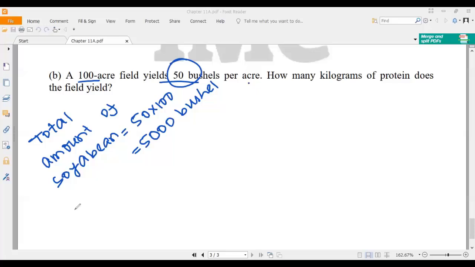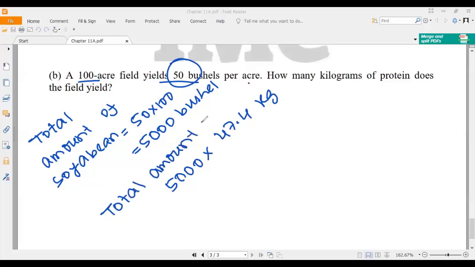So if we can find 47.4 kg of protein from 1 bushel, then we can find the total amount of protein from 5,000 bushels. That will be 5,000 multiplied by 47.4 kg. So the total amount of protein will be 5,000 multiplied by 47.4.